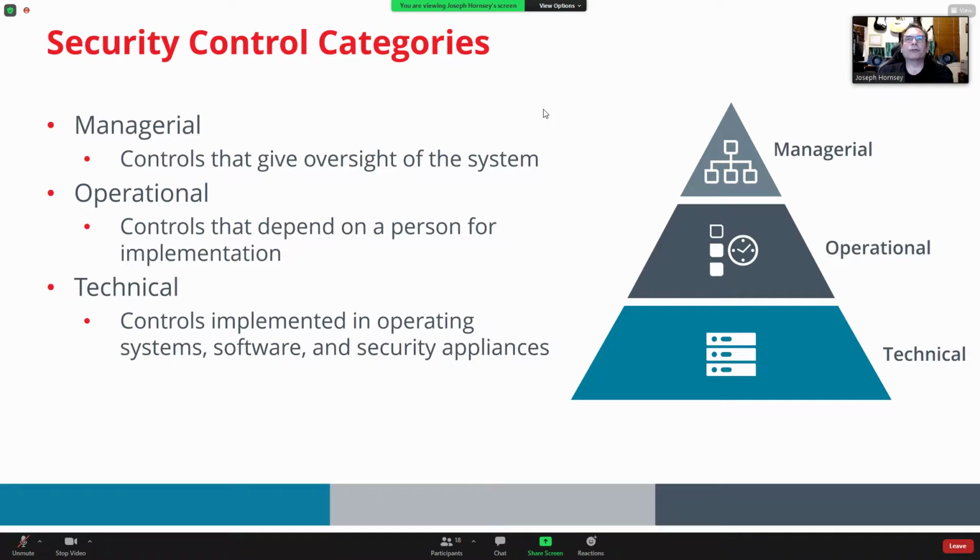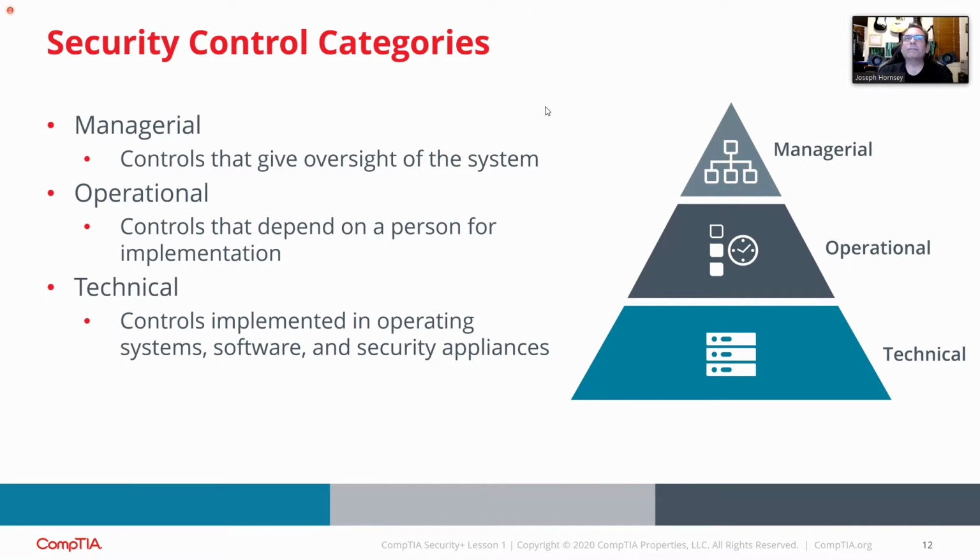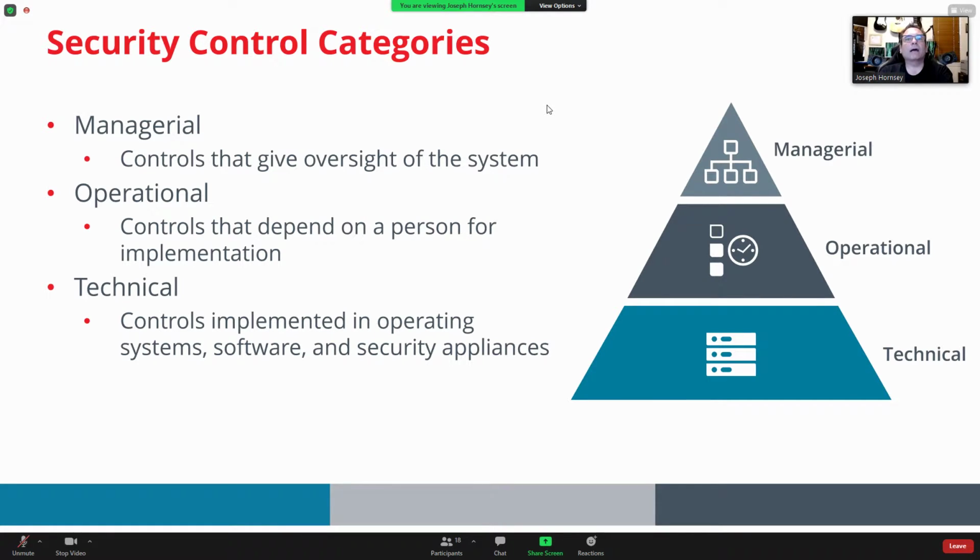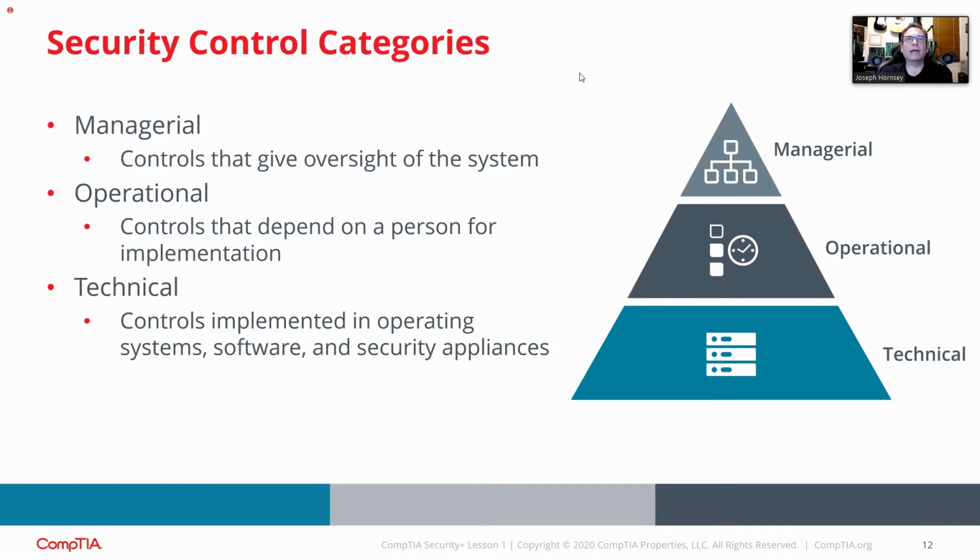A managerial control would be something that gives me oversight. This could be something like a policy. The policy says that we're going to do security this way. A managerial control would also be a risk assessment that would tell us the potential risk of that data being breached and how we can mitigate the risk, that sort of thing.